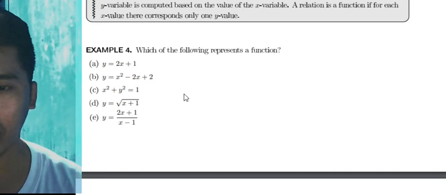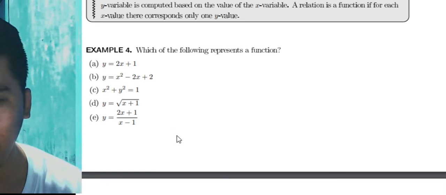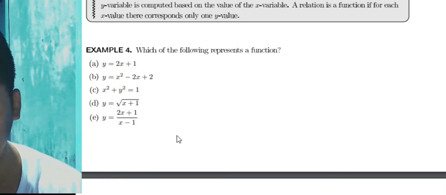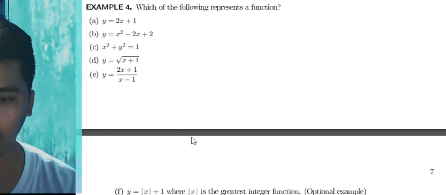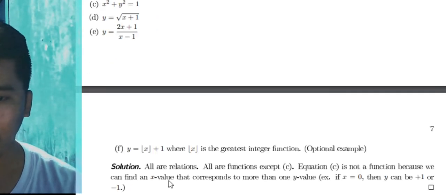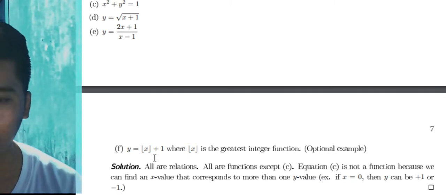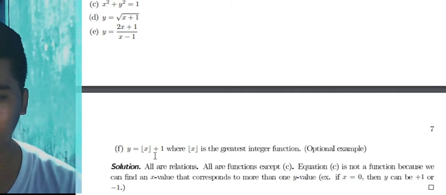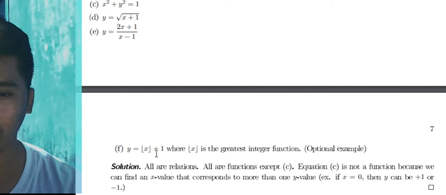Letter C: x squared plus y squared equals 1. D: y equals the square root of x plus 1. Next is y equals (2x plus 1) over (x minus 1). And F, there's an F here too: y equals the greatest integer function of x, plus 1.